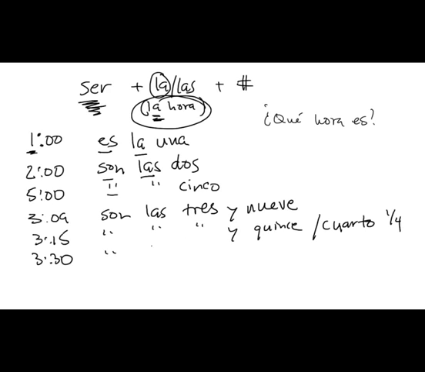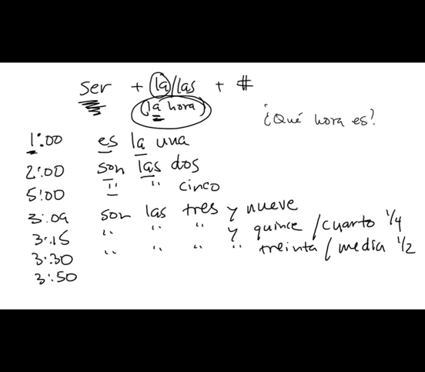3:30 would be son las tres y treinta. You could say treinta, which is 30, or you could also say media, which comes from 1/2. Okay, 3:30. Traditionally in Spanish, when you pass the half hour, thinking in terms of the traditional circular clock, most Spanish speakers would begin to subtract from the next hour.